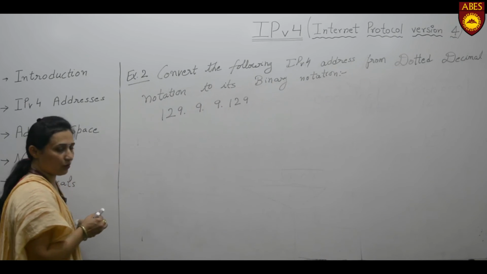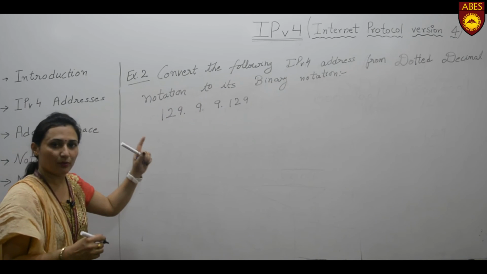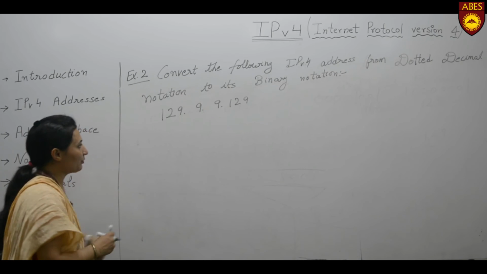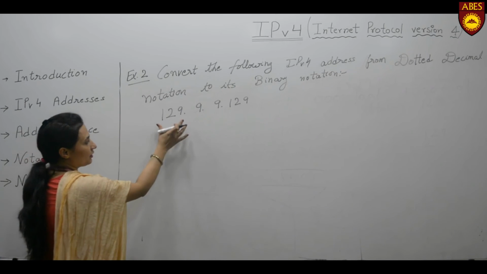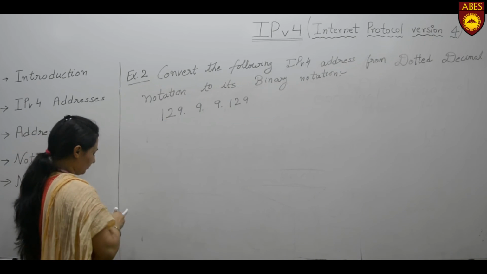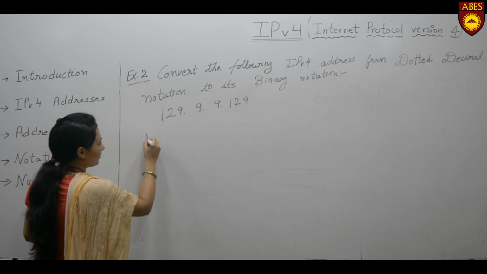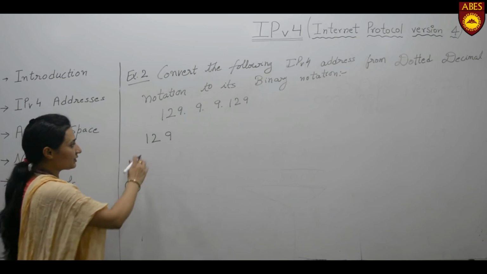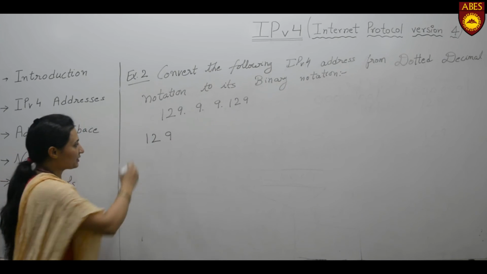For that we will go byte-wise, and here the byte-wise conversion of the IPv4 address. The first number is 129. This is the dotted presentation. This is to be converted into the binary presentation.